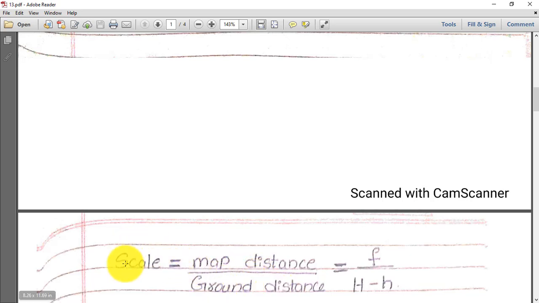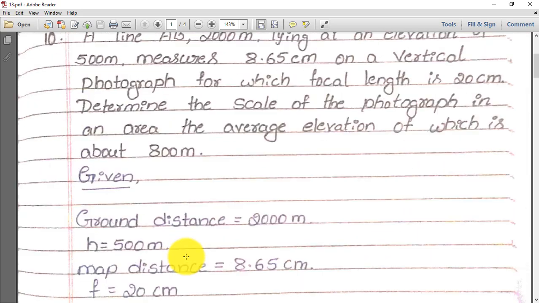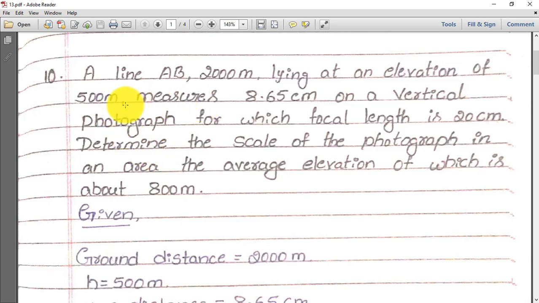If you apply this formula, the map distance is given and the ground distance is given, so we will get the scale. But this scale is not what the question asks. That scale we obtained is for the 500 meter height area. When h is equal to 500 meter, we get the scale of that 500 meter height area.